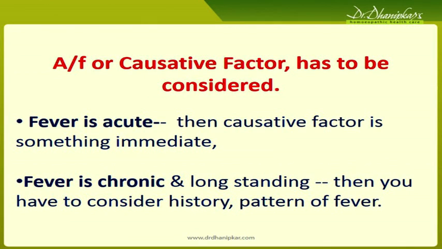Then the next important thing is whether the fever is chronic, long standing, or very acute. Acute fever is something which comes immediately after an exposure to a particular thing, and chronic fevers are those where the fever has been there for many years, many months or many days, and in these cases the history pattern will be slightly different than in an acute case.